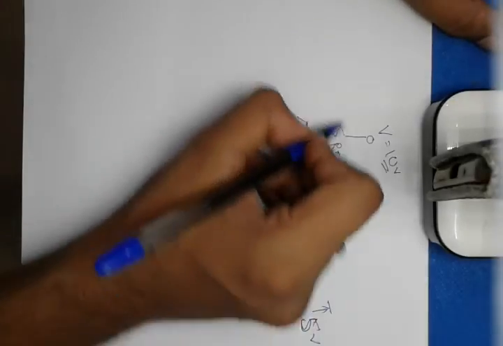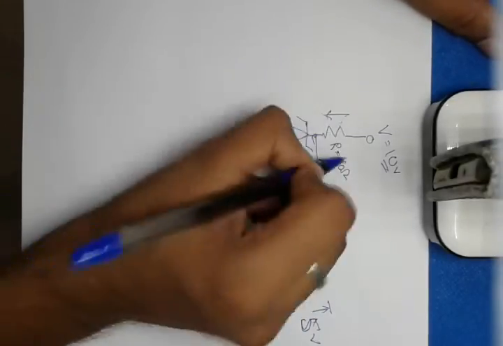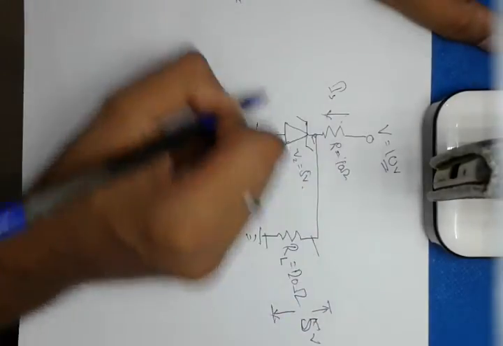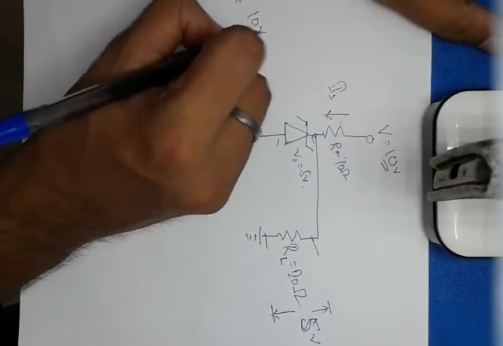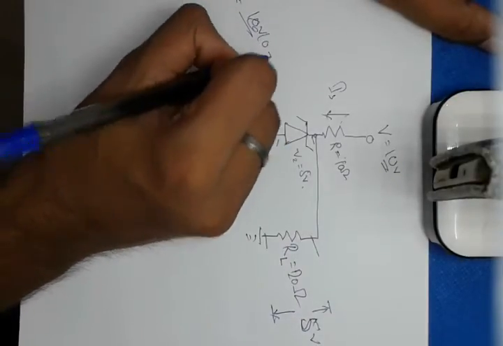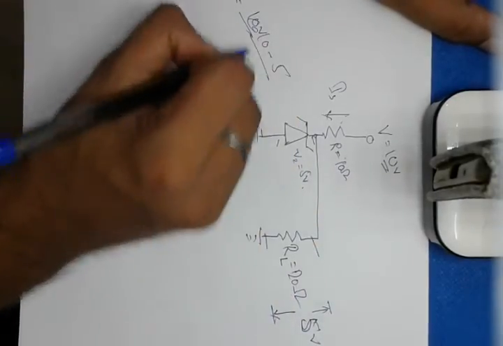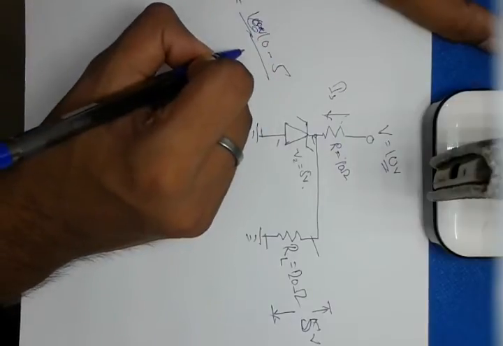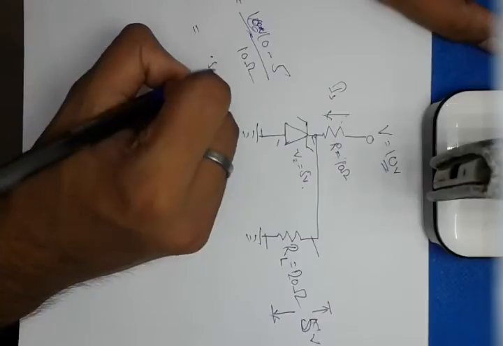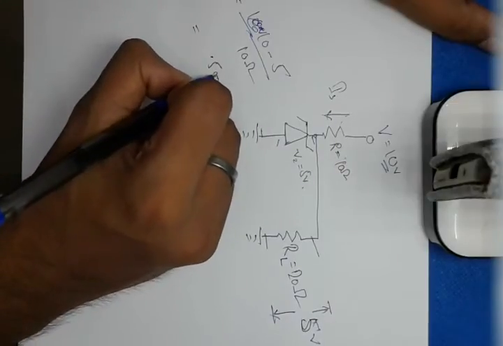Now let's find the current, which we denote as IS. IS will be equal to 10 volts minus 5 volts, divided by this 10 ohm, which gives us 0.5 ampere.